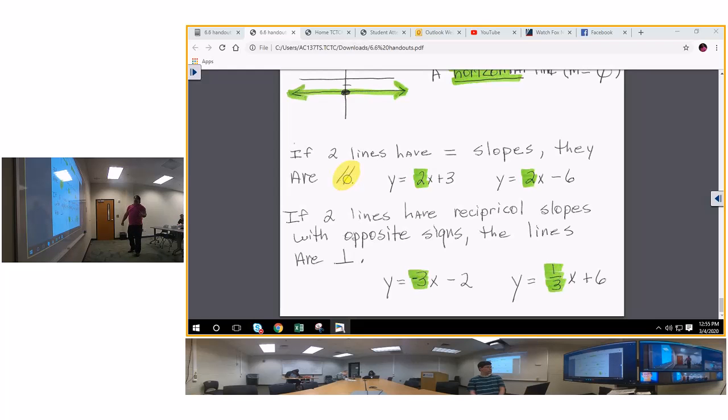If the two lines have reciprocal, that means the inverse, the reciprocal slopes and the opposite sign, then you have perpendicular lines. -3 and 1/3 are opposite sign reciprocals of each other.